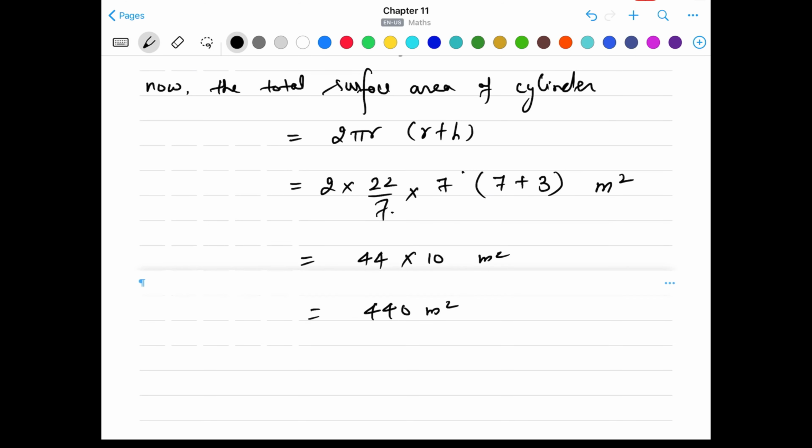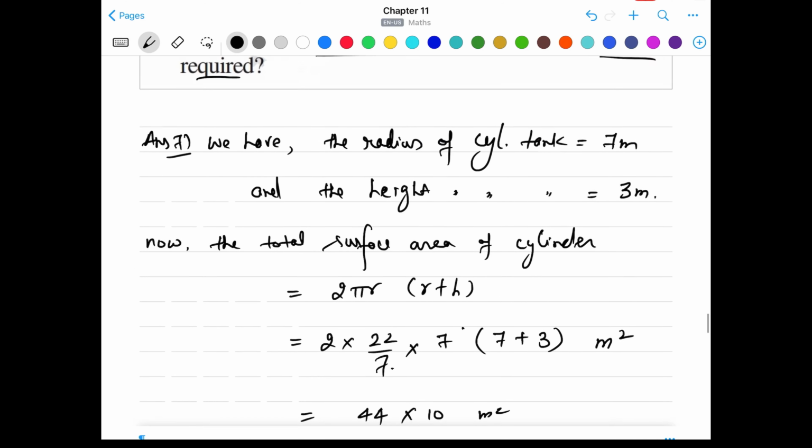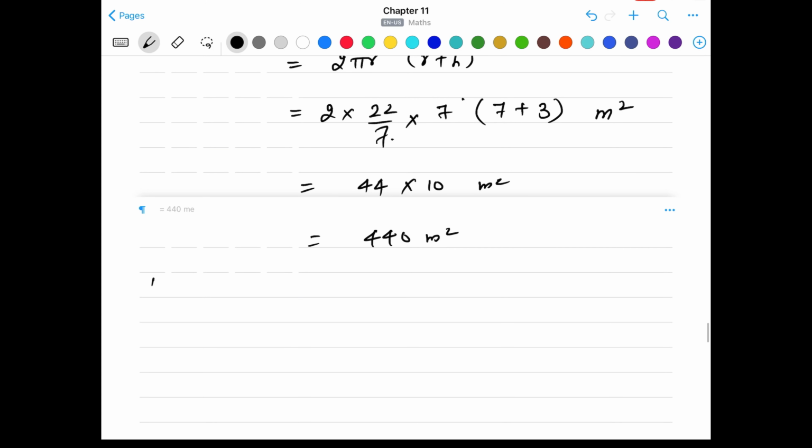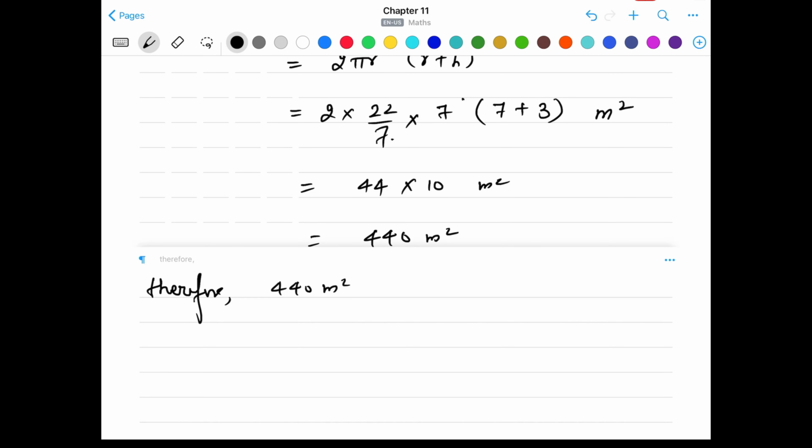So that is the total surface area of this cylindrical tank. So this is the amount of metal sheet required for making the tank. Therefore, 440 meter square sheet of metal is required.